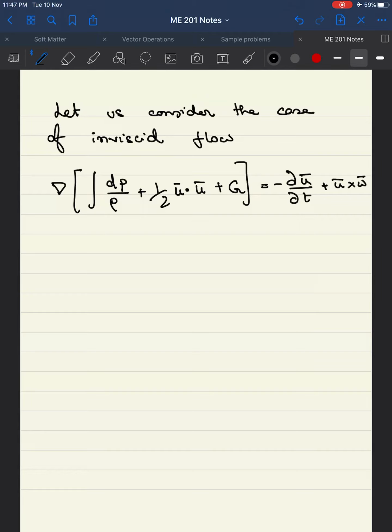So now consider the irrotational inviscid flow, inviscid and irrotational flow. Then what we can do is this term goes off to 0, and this quantity can now be replaced by the gradient of some scalar quantity. So what does this equation become?